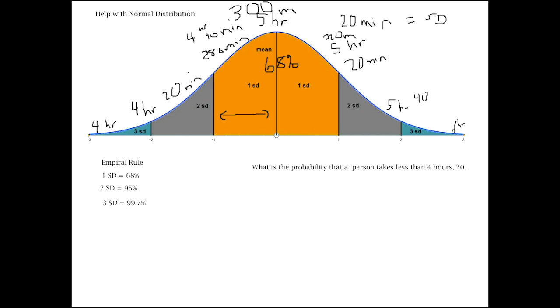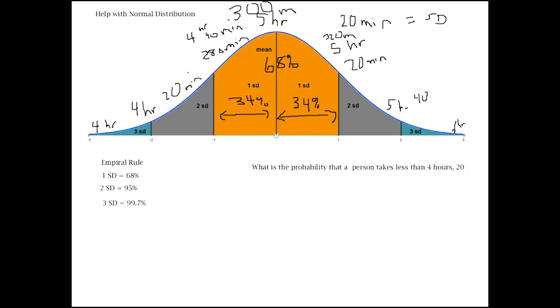Remember, this is symmetrical, meaning the same percent is here to here as is here to here. Half the data is to the left, half the data is to the right. So half of 68% would tell us you've got about 34% on each side.